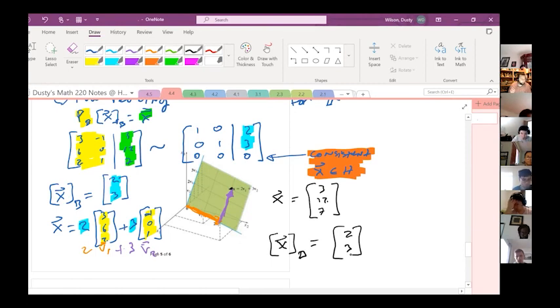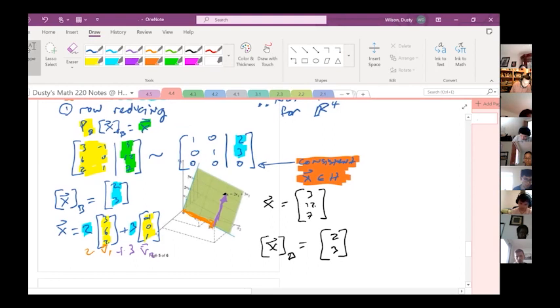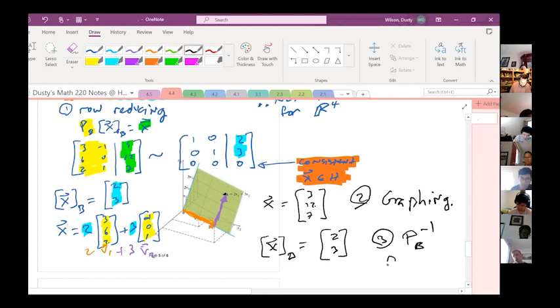All right. Last thing that I want to say here is that we've solved this question, 1, using row reducing. 2, we've done this with graphing. But notice that 3, using the P_B inverse, fails. Why does it fail?